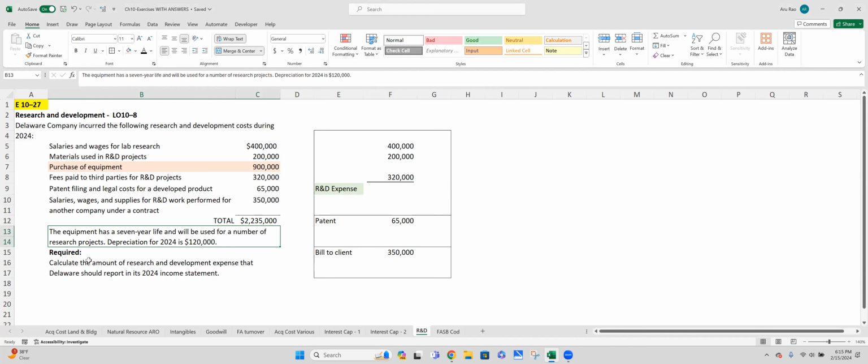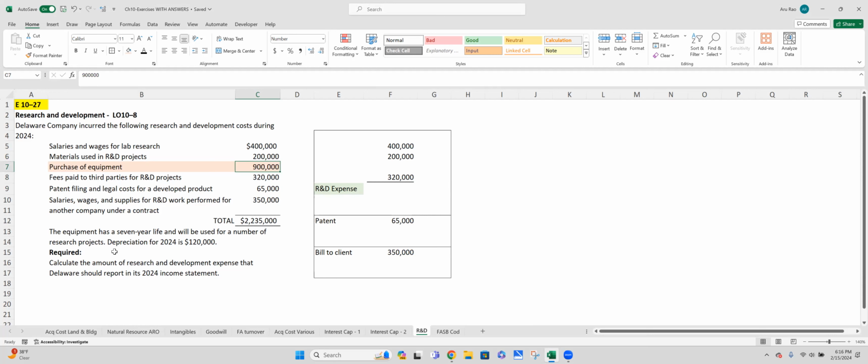Now let's continue reading over here. The equipment, that says $900,000. The equipment has a 7-year life and will be used for a number of research projects. So it is not just for this project, it's for a number of research projects. So I can capitalize the 900,000.